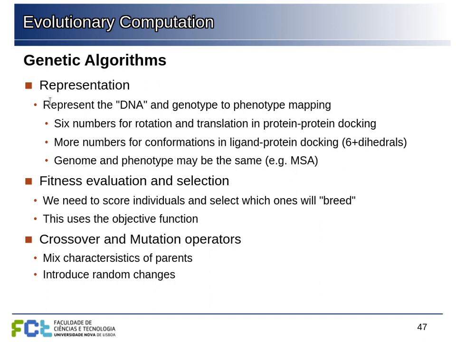We need a representation of our solutions. So we have the DNA of our individual, so to speak, and then we need to map this to the phenotype, to the actual individual. For example, in protein-protein docking, we need to figure out what is the relative position of one protein relative to the other that maximizes the contact between the two.